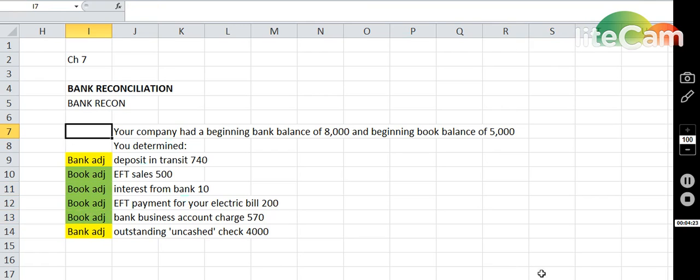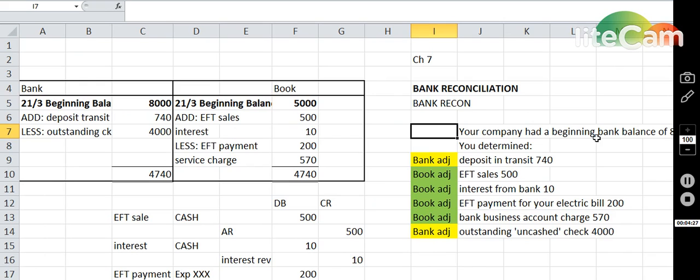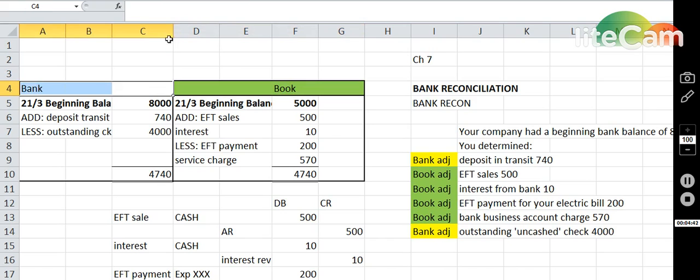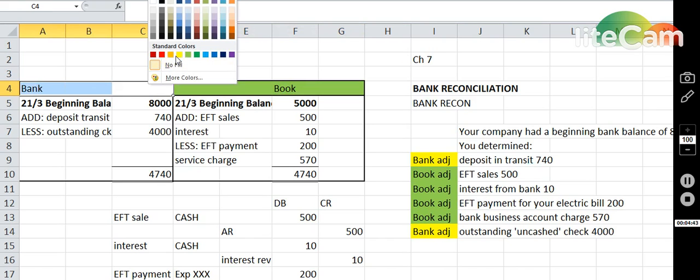Okay. So now over here I have a bank reconciliation set up. So here's my bank side and my book side. So in the problem, it had said that we had a beginning balance already.